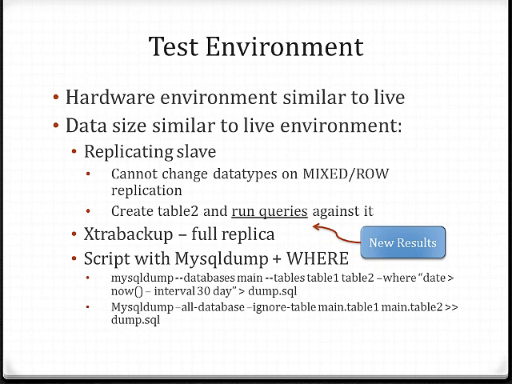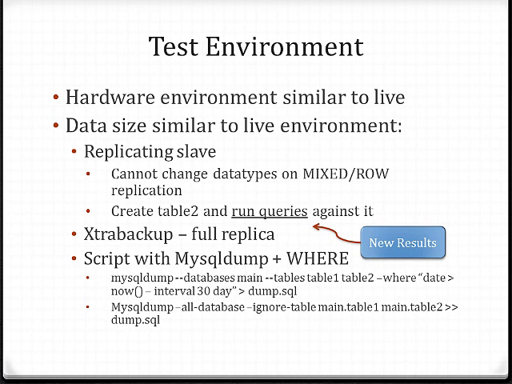Okay, so actually Ben from Pythian said this can be changed. What I've understood is that if you have mixed or row-based replication, where mixed is the default on 5.1, you can say specifically statement.